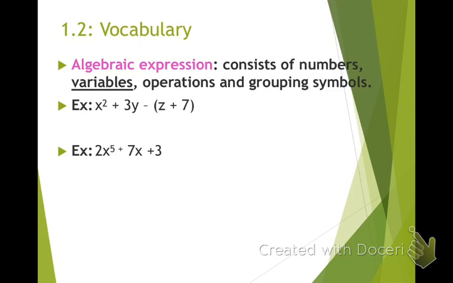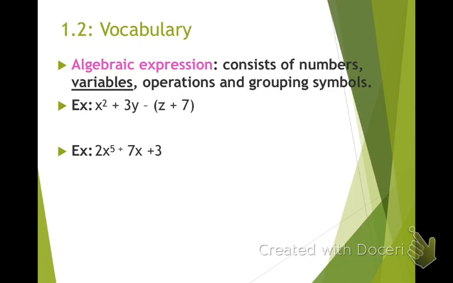The only thing different between a numerical expression and an algebraic expression: they're still going to have grouping, they're still going to have operations, it's still going to consist of numbers, but the key here is that it's going to have some sort of variable. The algebraic expression is going to have some sort of letter or variable with it.